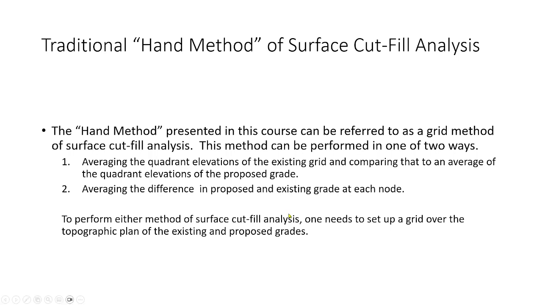That means each square is 200 feet by 200 feet. And when we get the corners of that, the difference between existing and proposed, we get the average of that, and that's going to give us our depth in the form of a cut or a fill. So we have an area: if we have a 200-foot grid set up, we have an area of 200 times 200, and then we'll multiply that by that net cut or fill that we come up with in our node analysis.